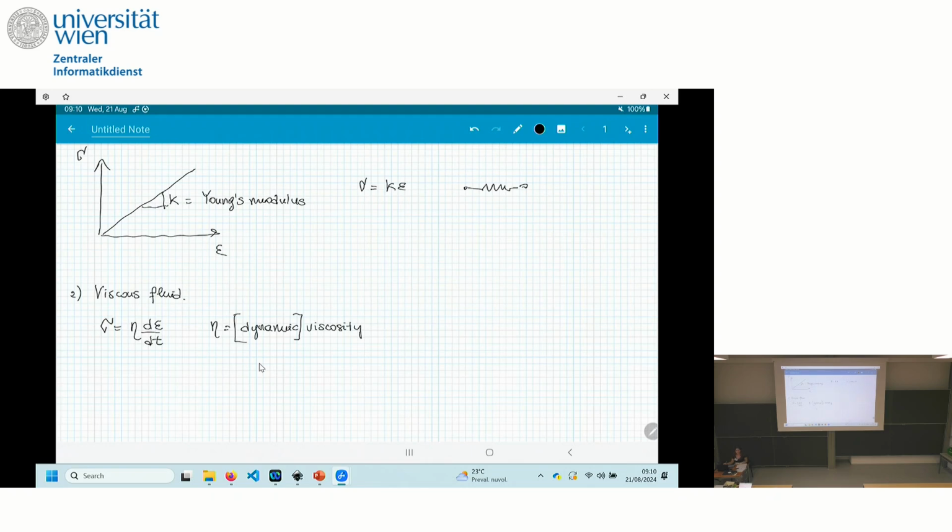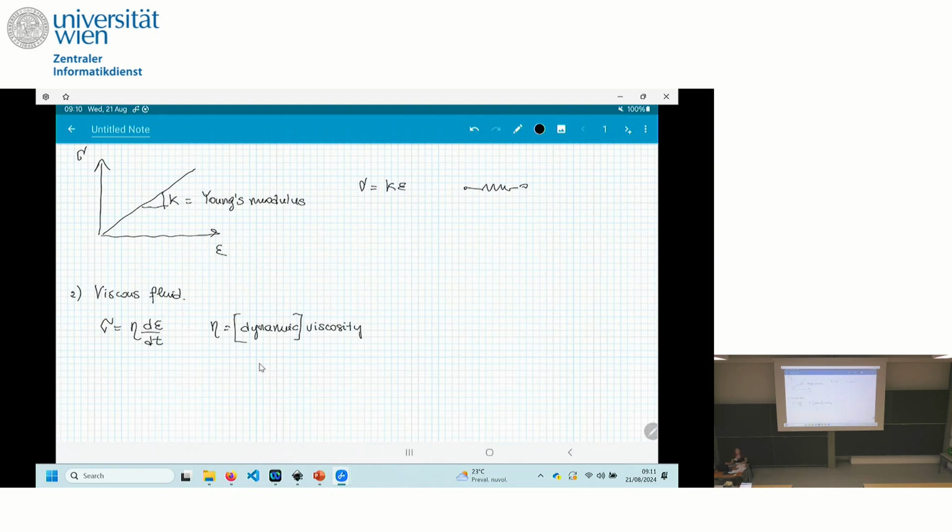And what are the dimensions of the viscosity? Right, that's the Pascal times second. Just keep this well in mind, Pascal times second, because we will see what happens with the fractional ones.